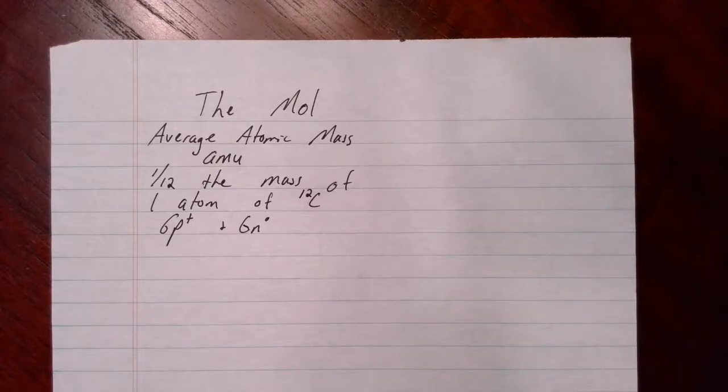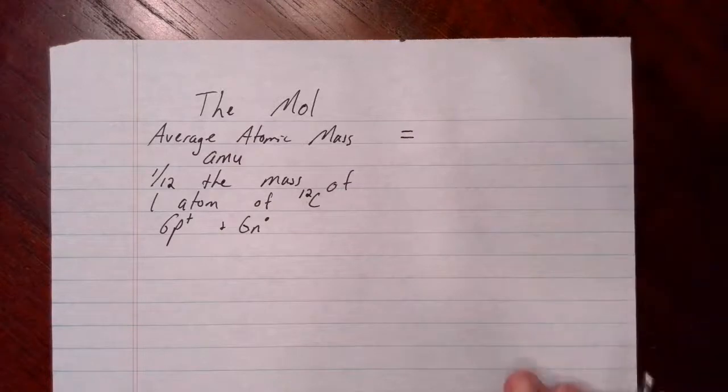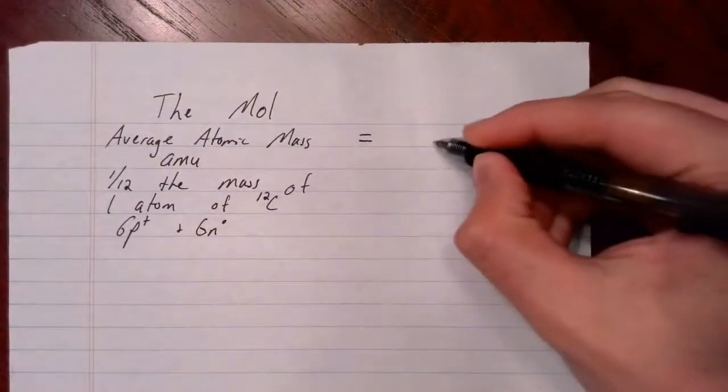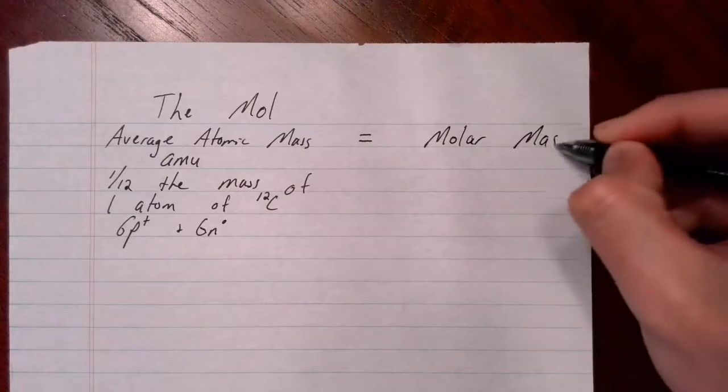However, it isn't really feasible to discuss doing chemistry and chemical reactions in terms of AMU, atomic mass units, because they are so small. So it turns out that average atomic mass sometimes also goes by another name. We call it the molar mass. Okay?